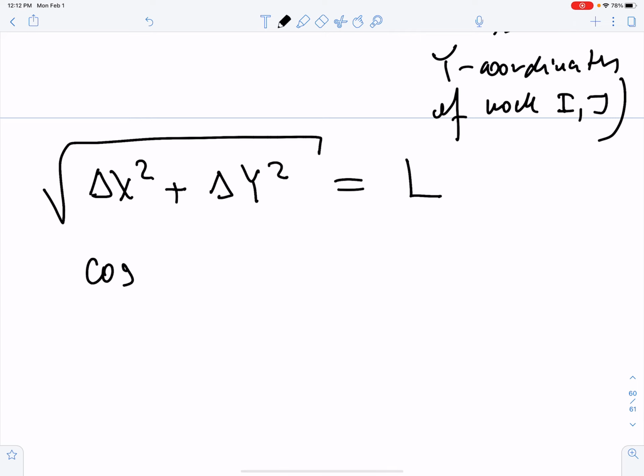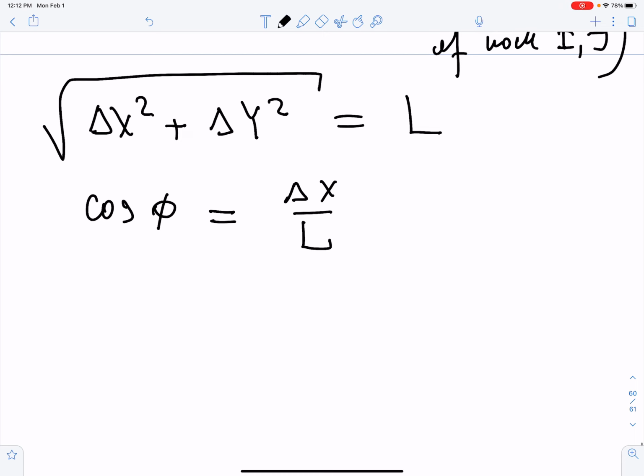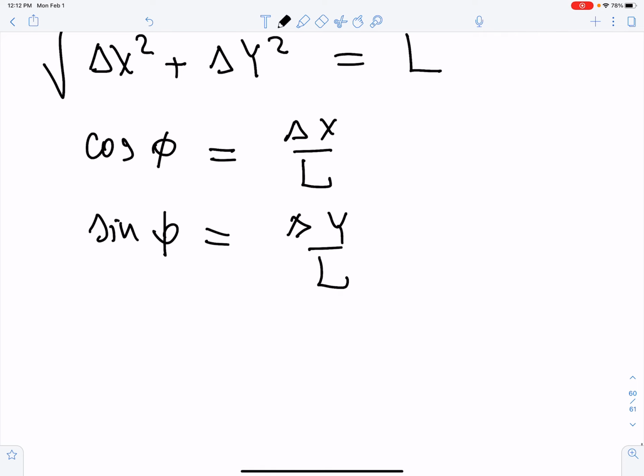From geometry, cosine phi is delta x over L, and sine phi is delta y over L. These are relationships that you're going to be utilizing over and over again in the course.